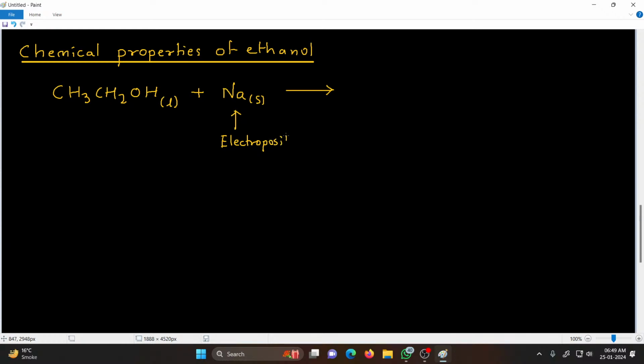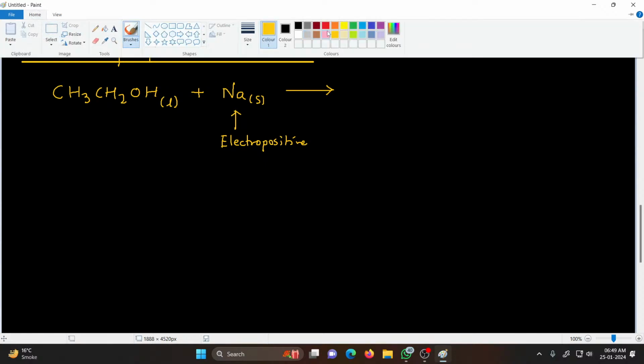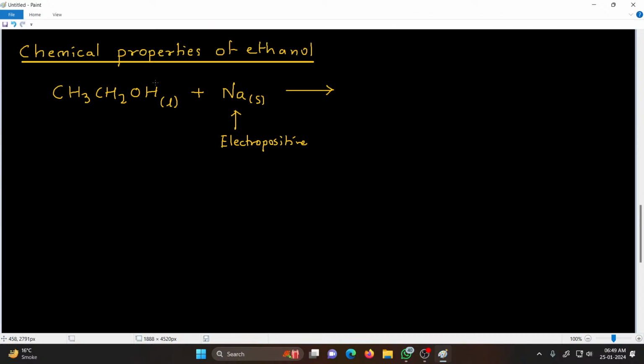And electropositive sodium atoms have very high affinity towards an electronegative atom like oxygen. So what this will do in this reaction, it will remove hydrogen and take its place.